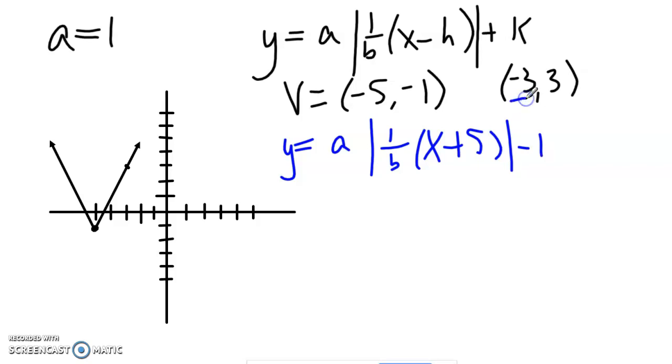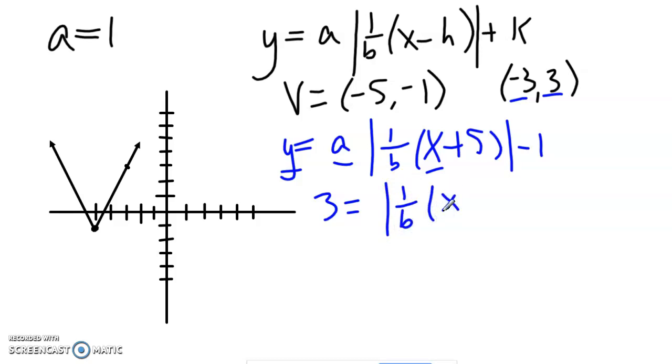And here's a point that's on our graph, so we're going to use the -3 for the x and the positive 3 for the y here. And then we're also going to say that a is 1. So the only unknown is going to be b after this point. So y is 3, a is 1, so we have 1 over b.